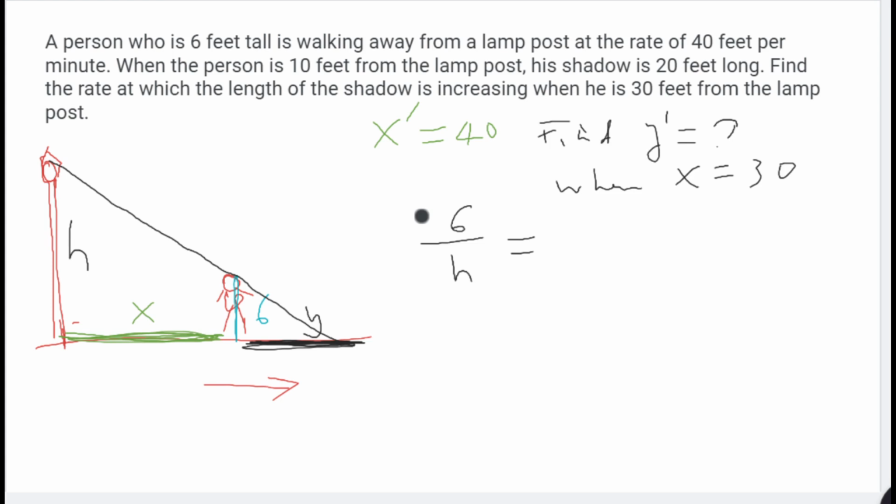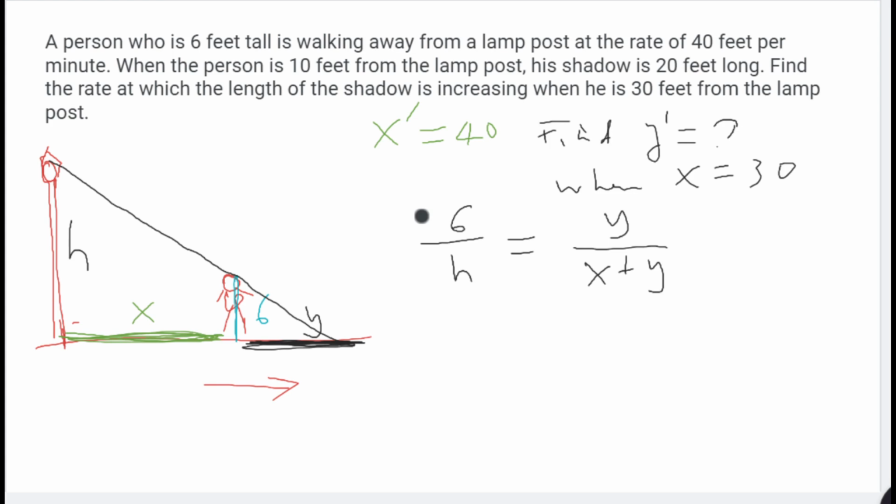So the base of the smaller triangle, y, because 6 is the height of the smaller triangle, versus the base of the large triangle, x plus y. Well, that's an equation involving in particular y and x, because we know x prime and we're supposed to find y prime, known rate, unknown rate.